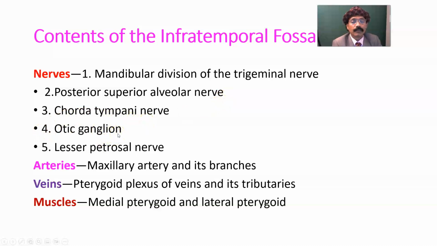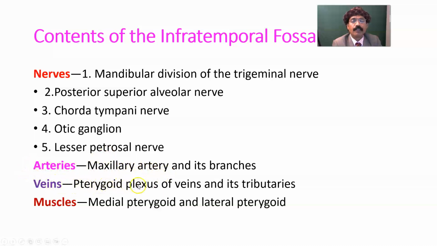Otic ganglion. It is a parasympathetic ganglion, mostly innervating, with postganglionic fiber to the parotid gland. Lesser petrosal nerve carries parasympathetic fiber to the otic ganglion. Arteries: maxillary artery and its branches.